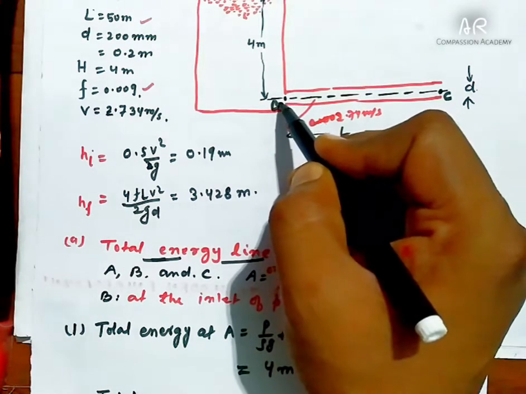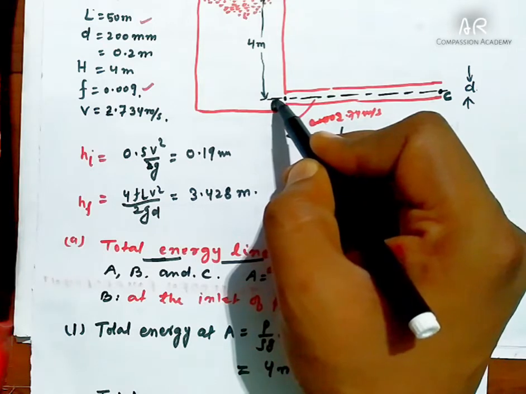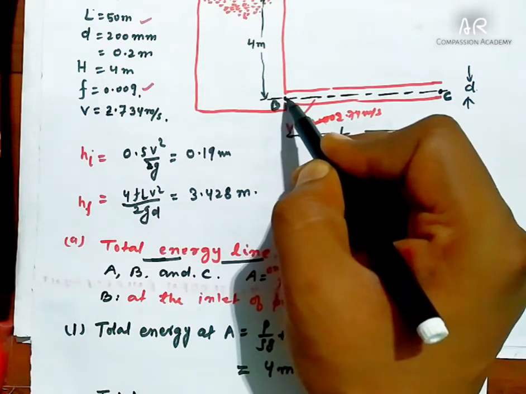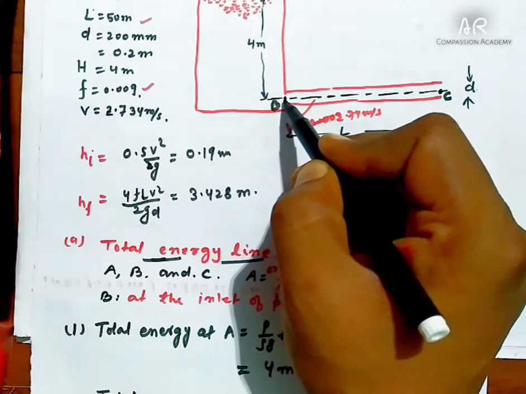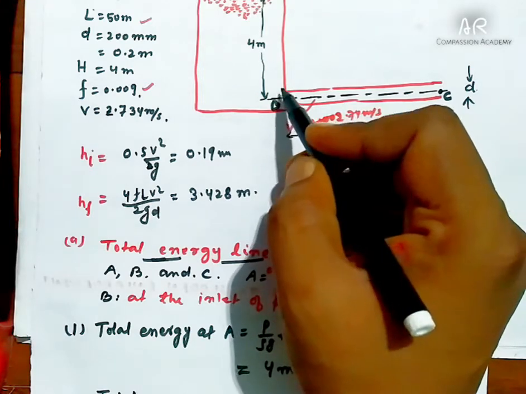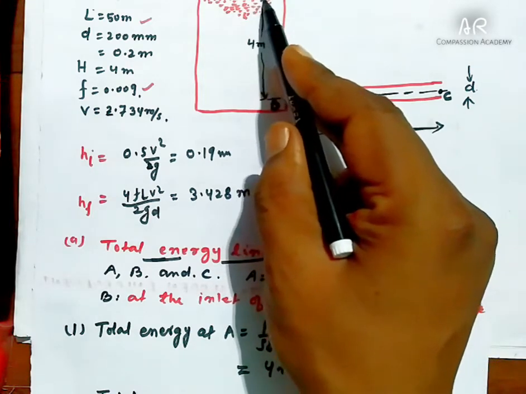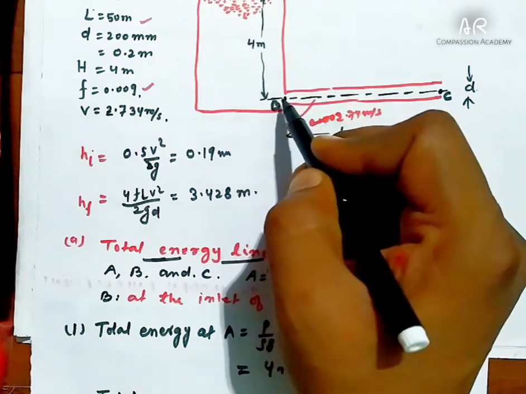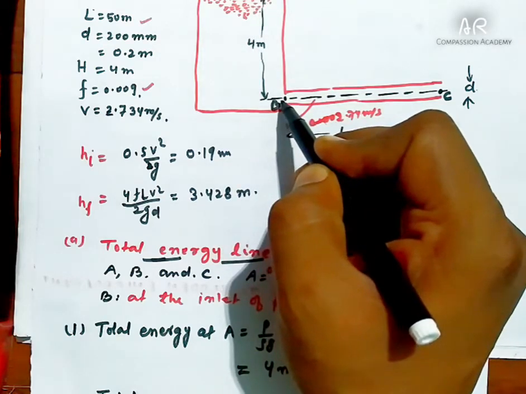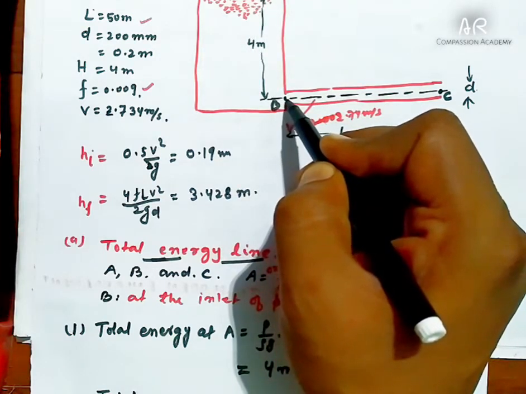When fluid enters this pipe, there is a loss, and that loss is called inlet loss. Means total energy at A is 4 meter, then if the fluid enters the pipe, there is a loss.